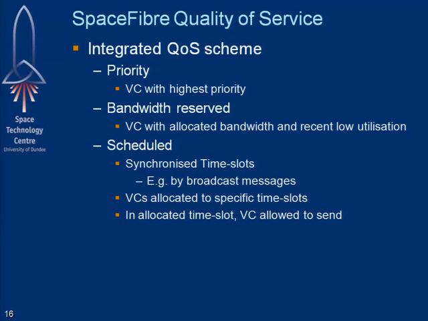With bandwidth reservation, if we've got multiple virtual channels, we can allocate bandwidth to each of those virtual channels. A virtual channel with some allocated bandwidth which hasn't been using the link recently, so it has low link utilization, will be the one that gets chosen to send its piece of information next.